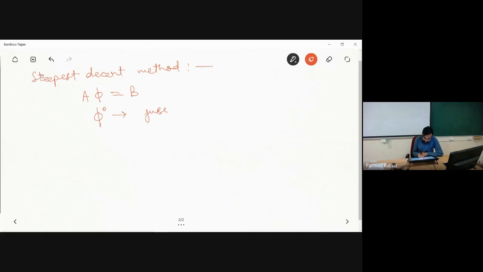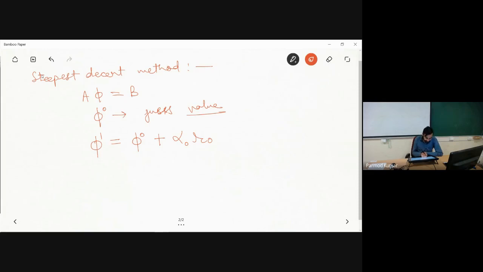Once we have obtained the guess values for phi, we go to the next iteration. There we write that phi 1 is equal to phi naught plus some coefficient, say alpha naught, times some specific term, which I am writing here as R0.